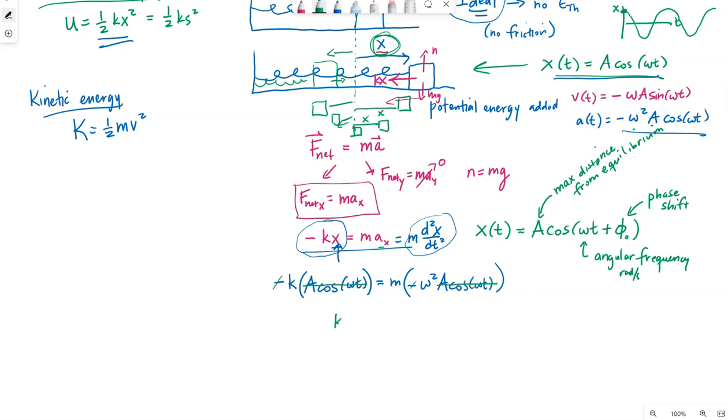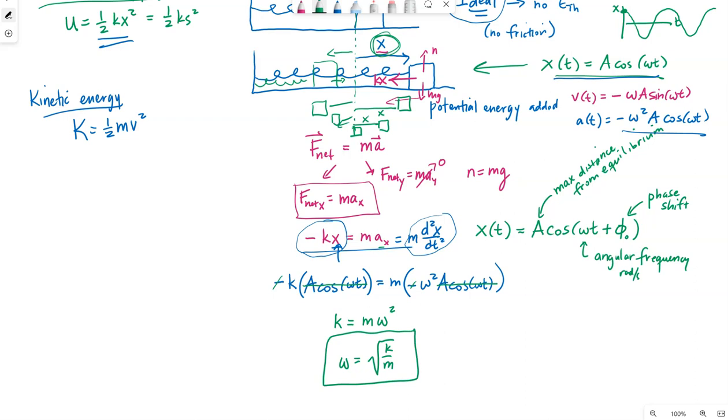shows us that k, the spring constant, must equal the mass times omega squared, the angular frequency of this mass spring system. So this tells us that omega is the square root of k over m.